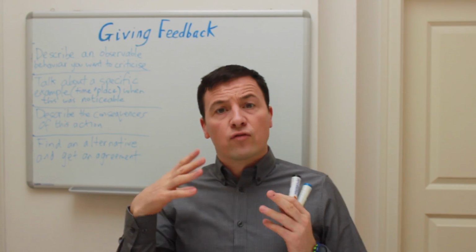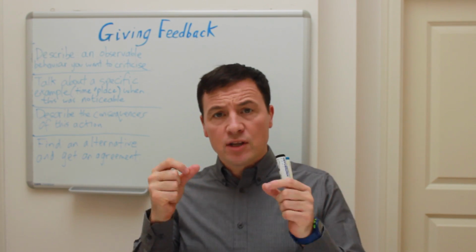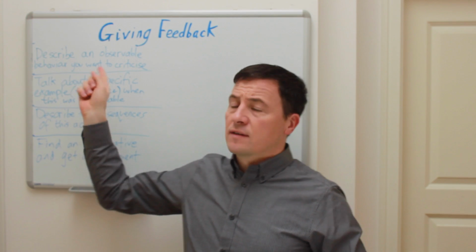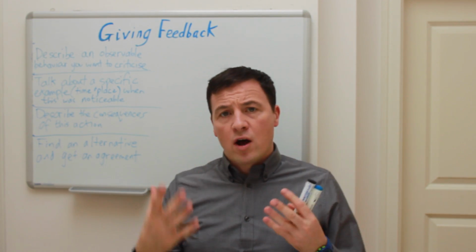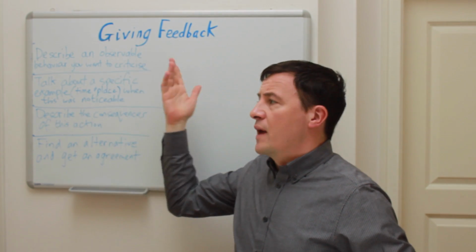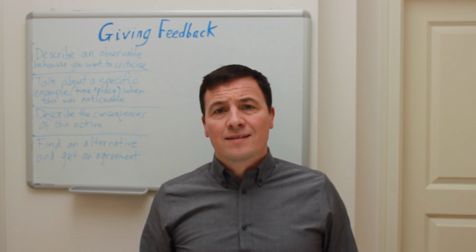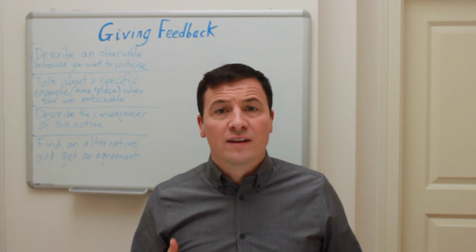Now let's look at the phrases that you can use, the English that you can use during this process. So in the first step, when you want to describe observable behavior that you'd like to criticize, you could use a phrase like, I've noticed that.